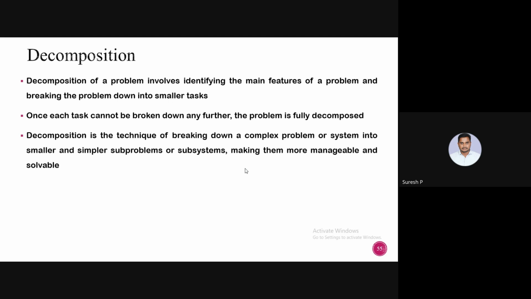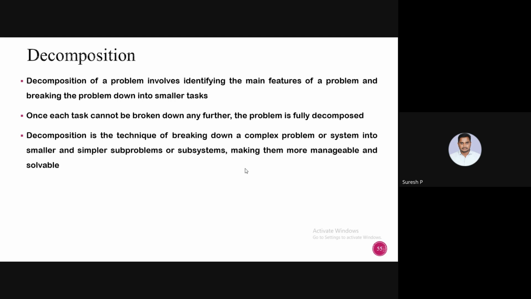That is decomposition. For example, if you develop a web application, what are the different features of that web application that we have to identify? Suppose you want to create a web application for banking. One component has to display the balance amount. One module, or one part of the application, should take care of transactions from your account to another account.